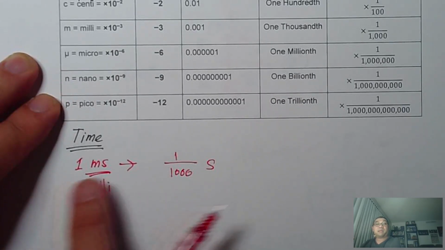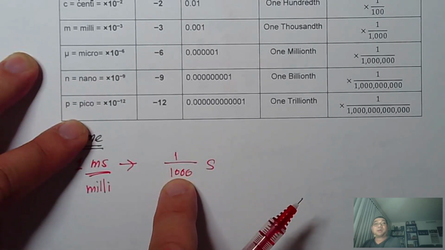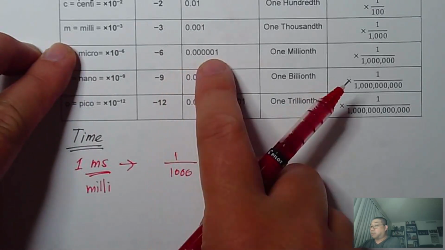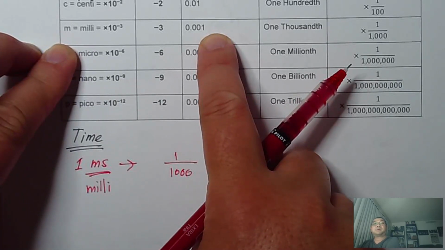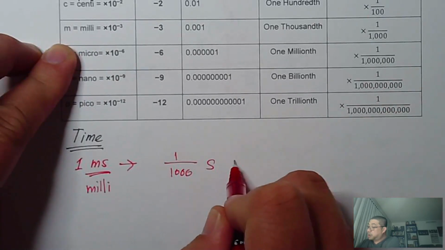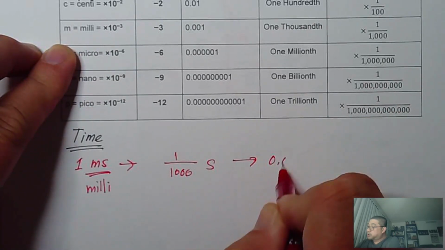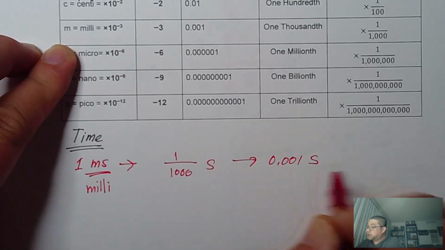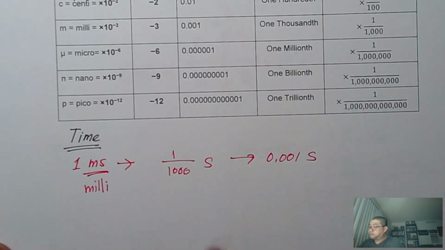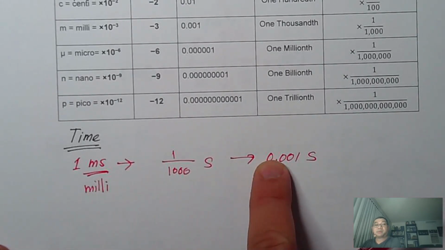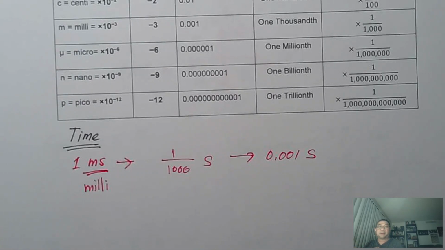So 1 millisecond is 1 over 1,000. How many zeros do we have? 0, 0, 0, and then 1. Or we can say that's 0.001 second. So 1 millisecond is equivalent to 0.001 second.